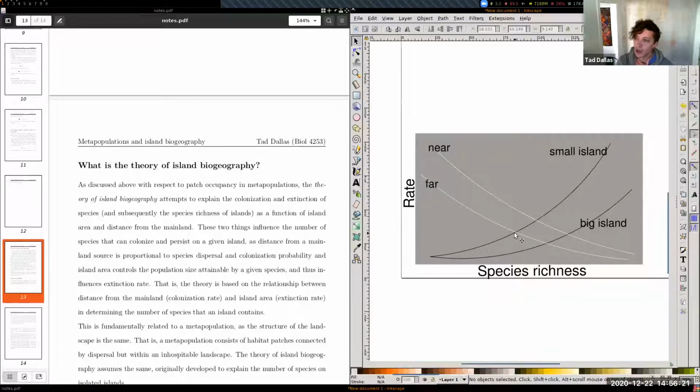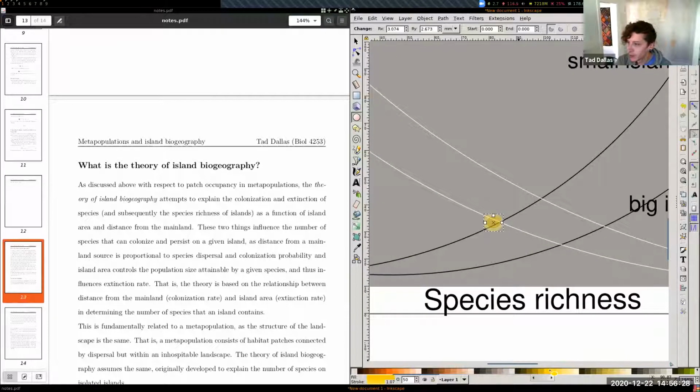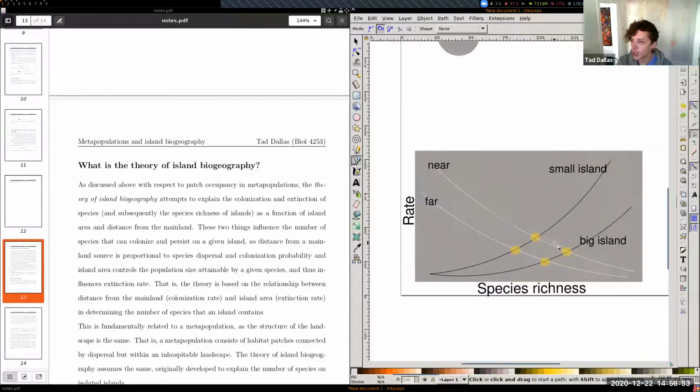And these intersections represent equilibrium points. So if you followed this down to the actual point on the x-axis, you'd have that species richness predicted, that value of species richness, given the balance between extinction rate and immigration rate.